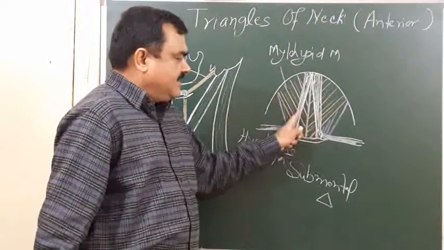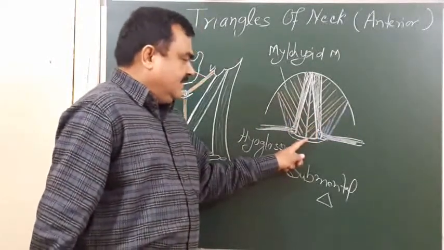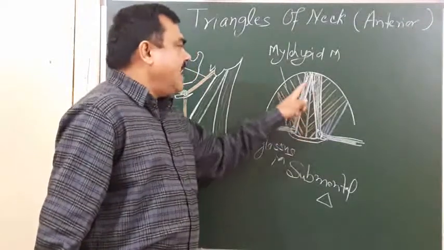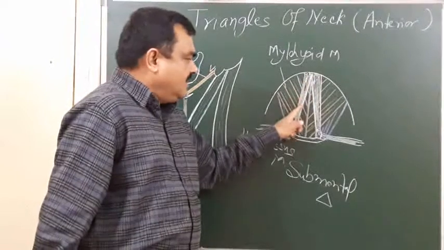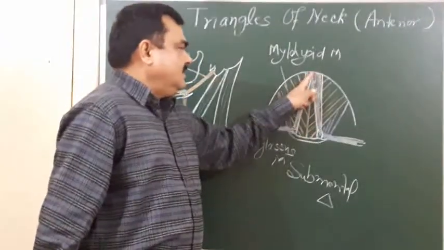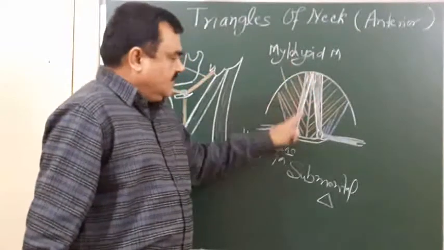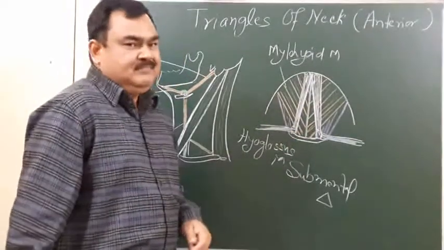The base is formed by the hyoid bone, and the apex is formed by the chin at the junction of these two lateral borders. So this is the base, this is the apex. These are the two lateral boundaries.